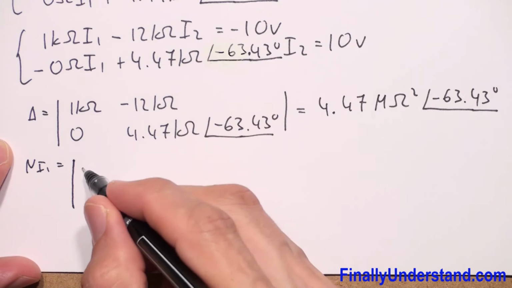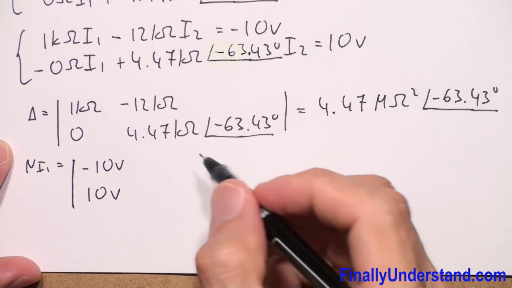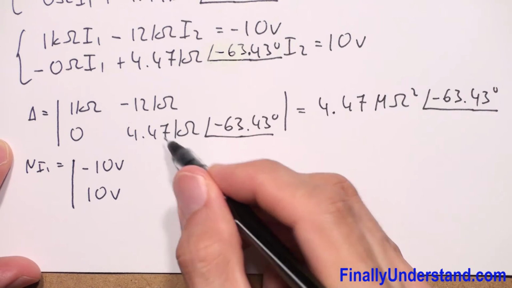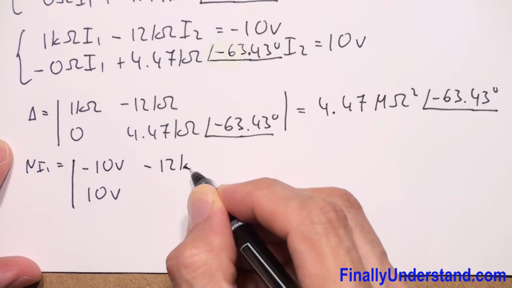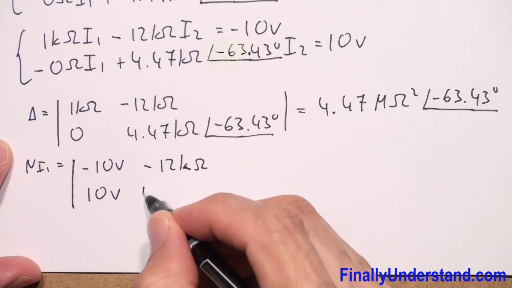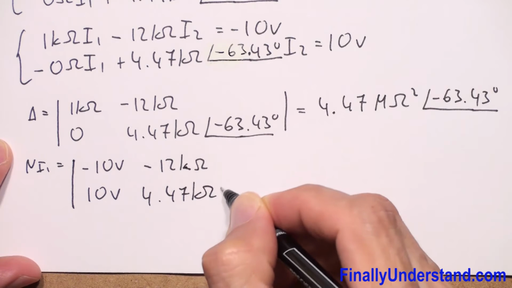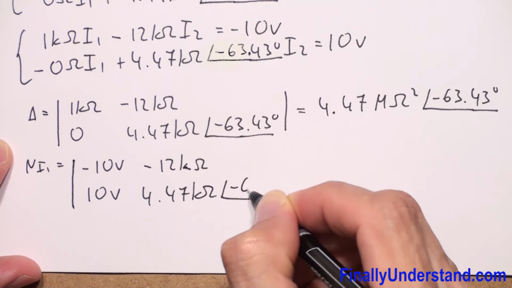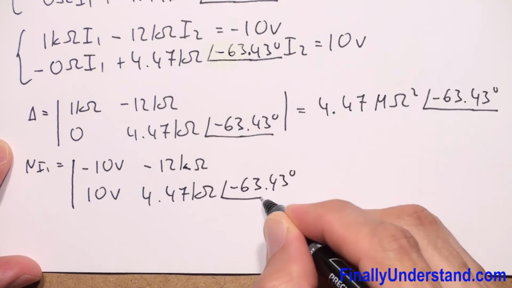Okay, so I have minus 10 volts and I have 10 volts and I have to copy down the second column of my delta. So I have minus 12 kilo ohms and I have 4.47 kilo ohms and angle of minus 63.43 degrees.